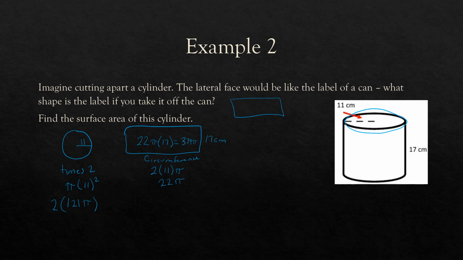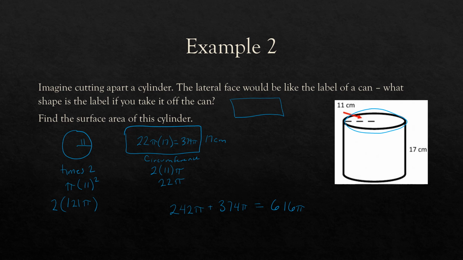So now we are adding 2 times 121. That's 242 pi to our 374 pi. And that total is 616 pi.